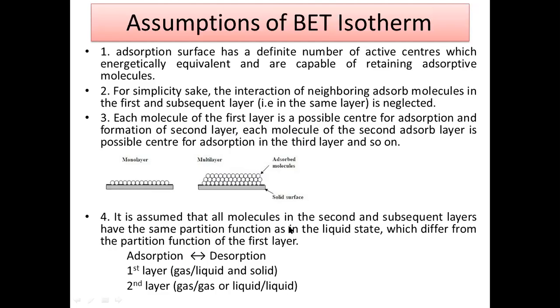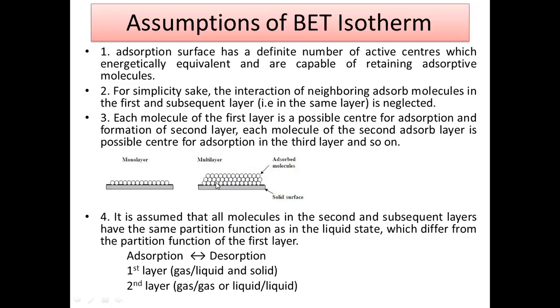It is assumed that all molecules in the second and subsequent layers have the same partition function as in the liquid state, which differs from the partition function of the first layer. So partition function means, you may consider, the equilibrium constant, because here it is the partition of, let's suppose, the first layer adsorbed with the adsorbent and with the second layer.